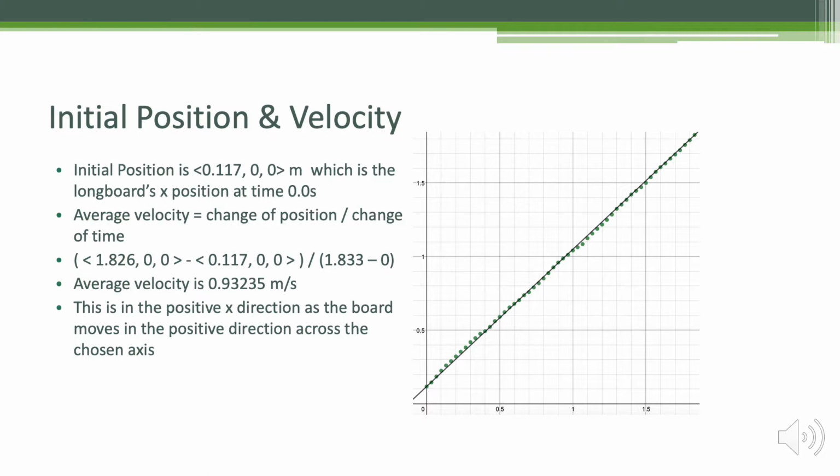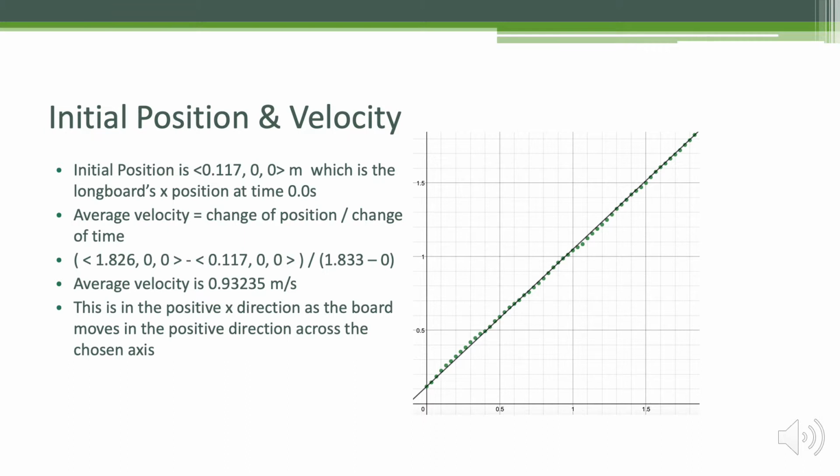Using the data we got from Tracker, we can calculate the velocity using a simple formula. The average velocity equals the change of position over the change of time. Therefore, we need to know the object's initial position, which is 0.117, and the object's ending position, which was 1.826 meters.